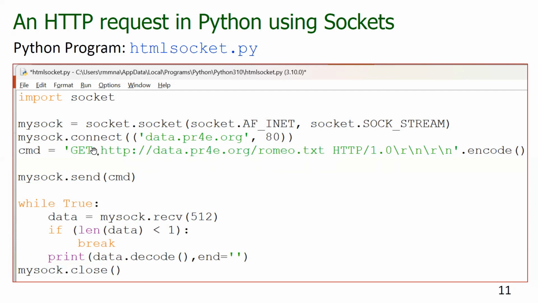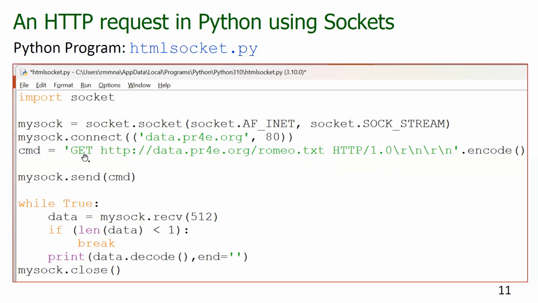Then you can connect to that sample URL we have considered, that is data.pr4e.org, comma, its port number. Using the HTTP protocol, 80 is the port number. So mysock.connect of whatever the URL, followed by the protocol port number.